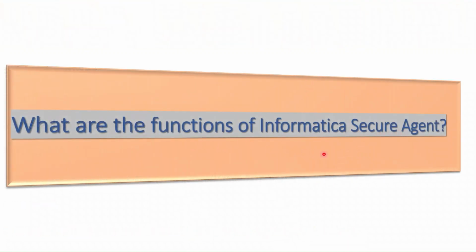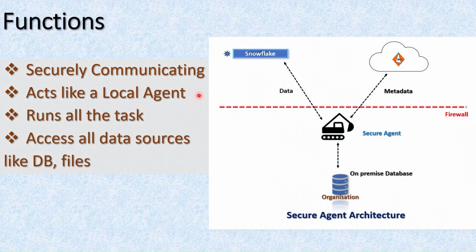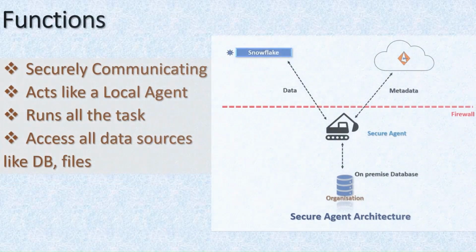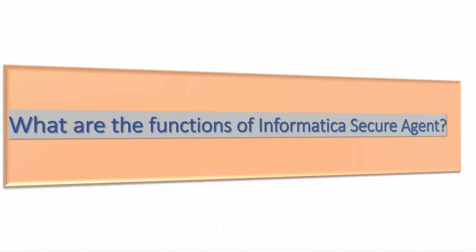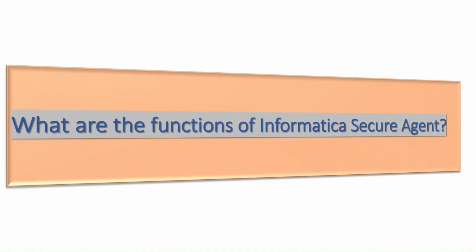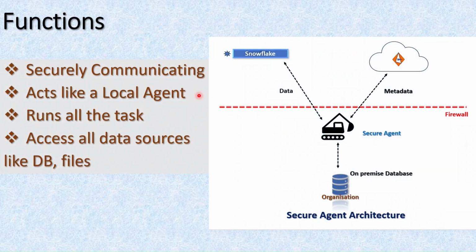First, it gives secure connections between on-premises and the cloud. Second, it acts like a local agent. Third, it runs all the tasks or mappings, and it accesses all the data sources like databases, flat files, or applications.